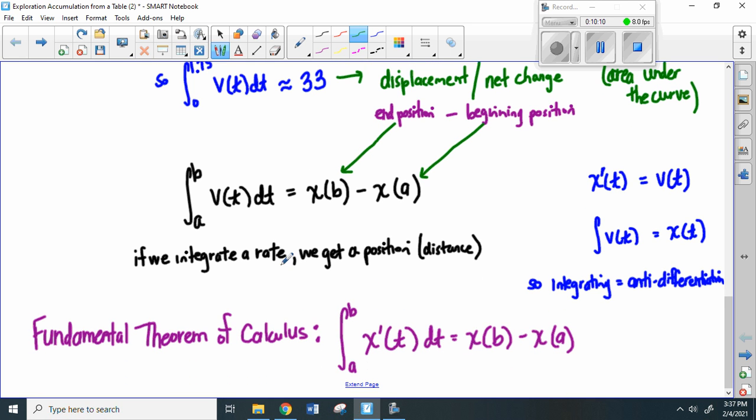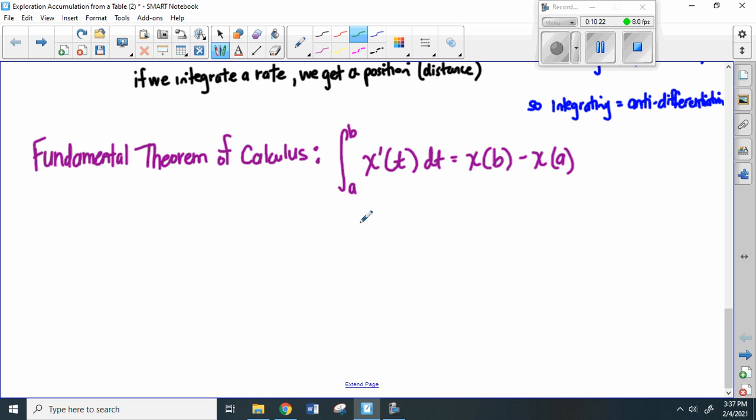And then we took it one step further. Instead of calling it v of t, we just said the derivative of x of t. So yes, that's position, but that could really be any function, okay? I didn't put this in class, but we could even say the integral from a to b of f prime of x dx. So just a generic function.